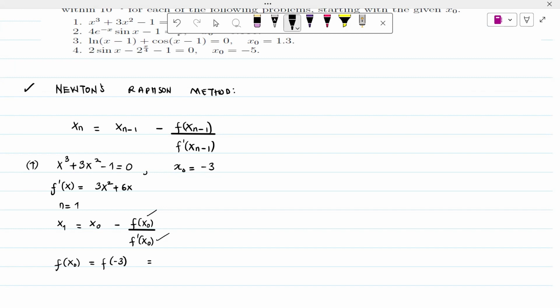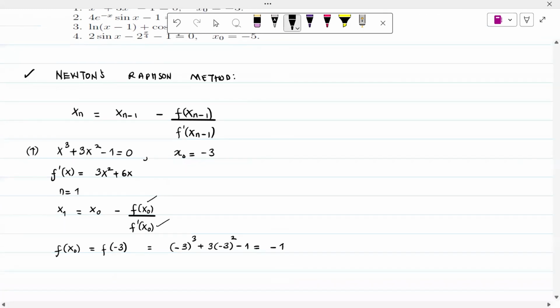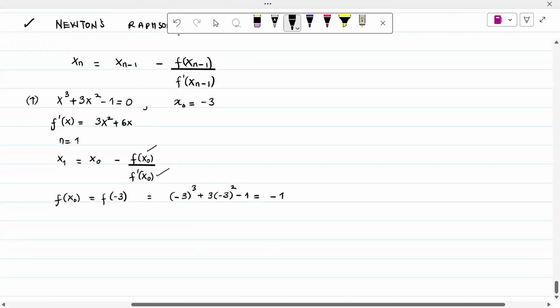So we have -3 to the power 3 plus 3 times -3 squared minus 1. -3 to the power 3 is -27, and this is positive 27. They cancel out each other, and we just end up having -1. So that is f of x naught.